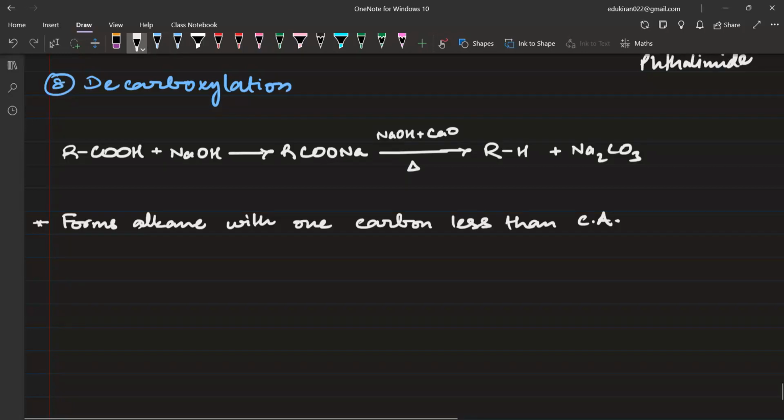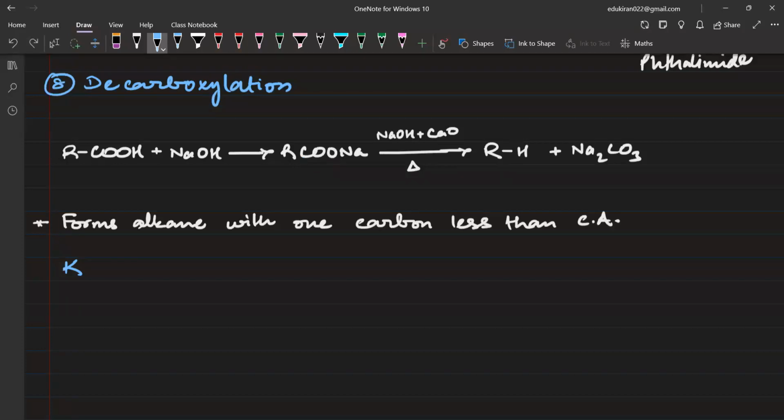Next is Kolbe electrolysis. Here also we call it decarboxylation because this COO has gone as Na2CO3. ठीक है. And if it is present in water, then it becomes NaOH plus carbon dioxide and so on. That is why this COO is gone as CO2.